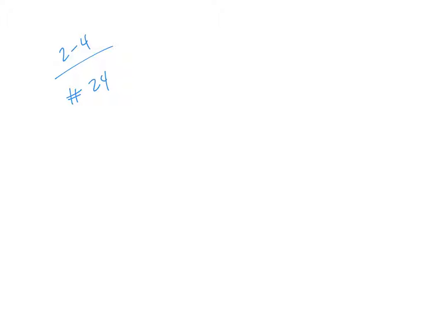All right. Section 2-4, number 24 says the following. Solve is the direction. And it says 6 plus the number 5 times the quantity absolute value 2r minus 3 is all greater than or equal to 4. Agreed? That's the one?